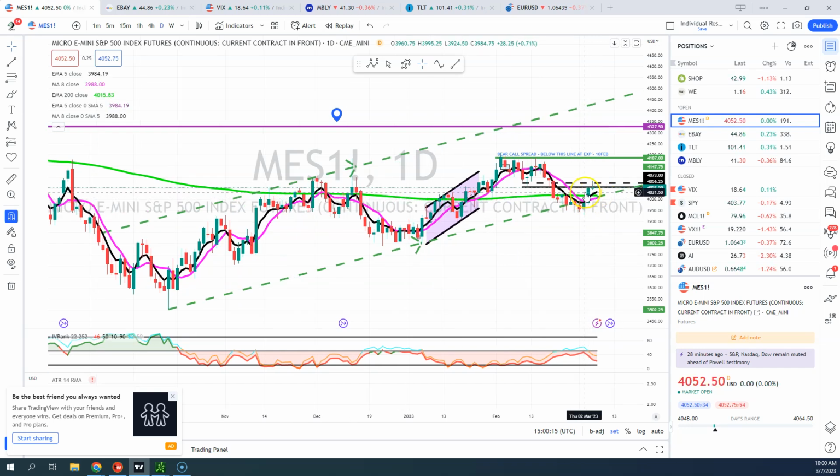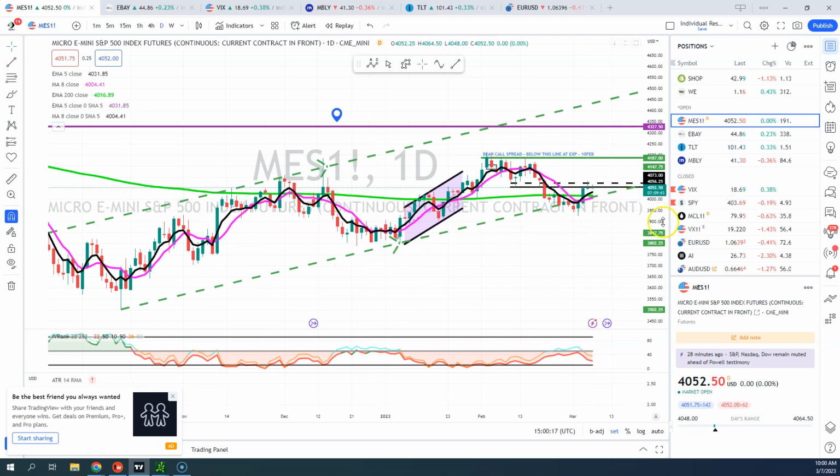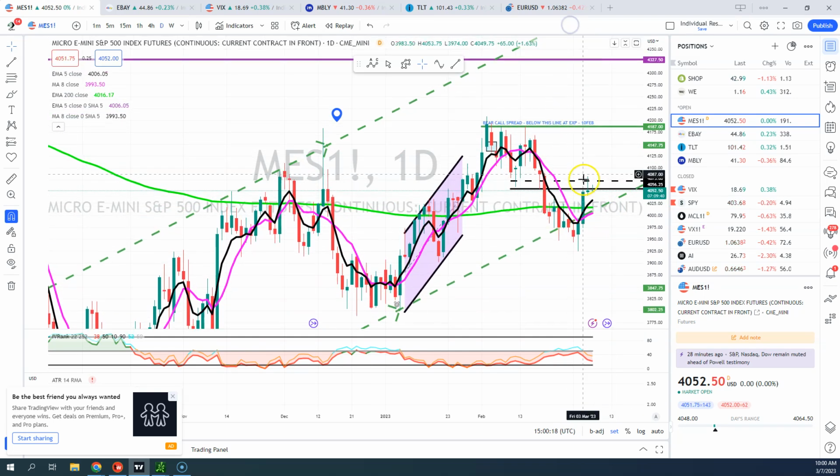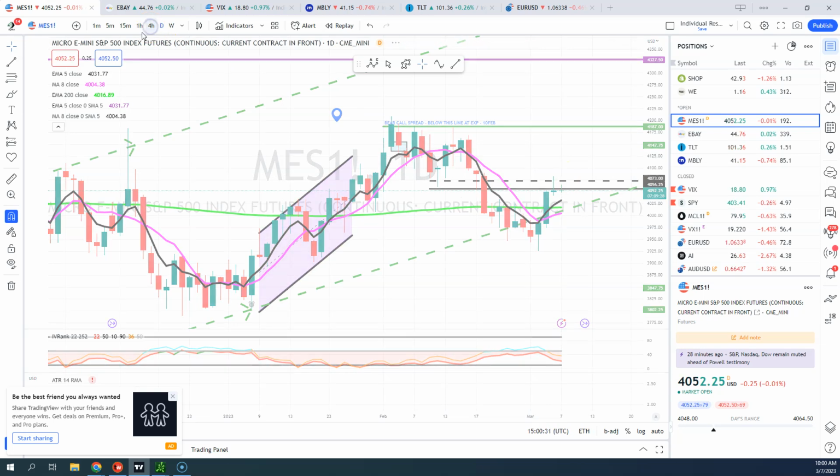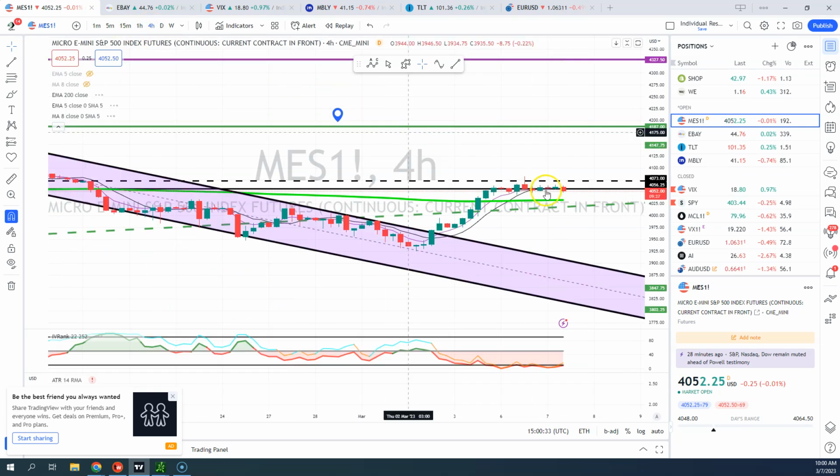But we did see yesterday a spike to the upside, and then we pretty much rejected price when we got around 40.80.